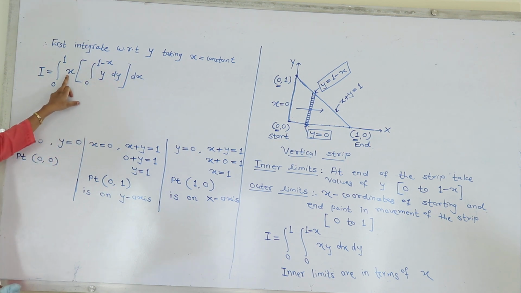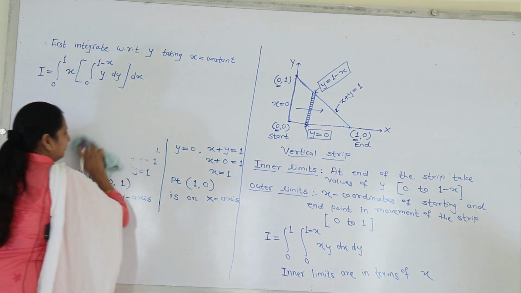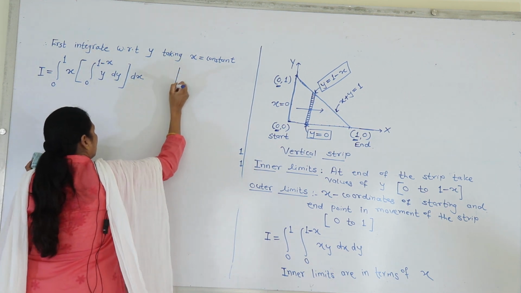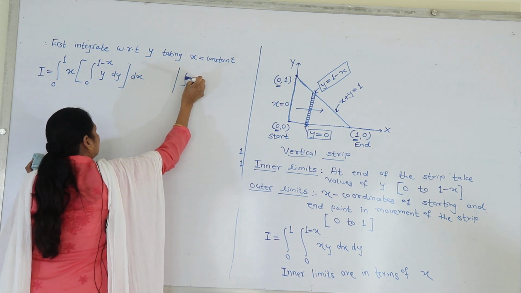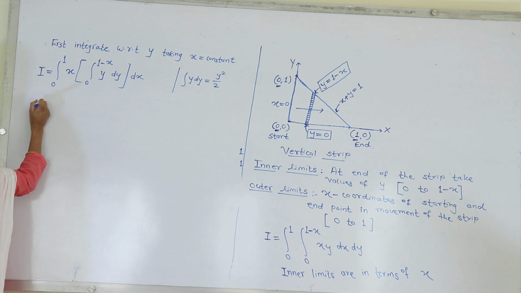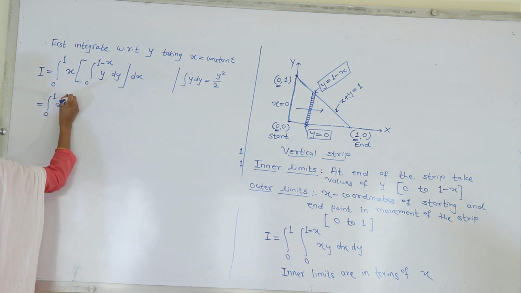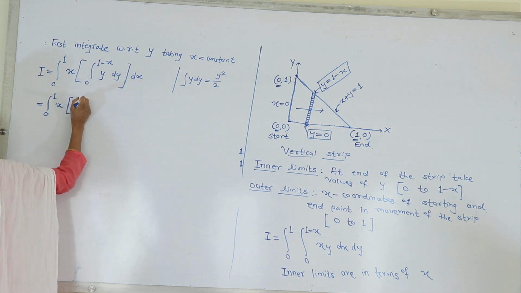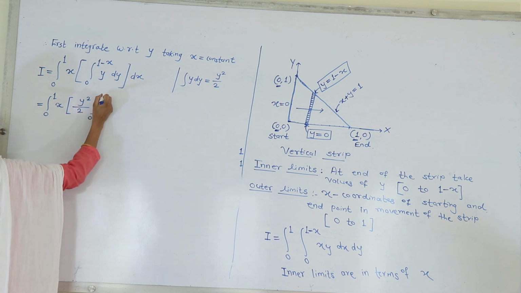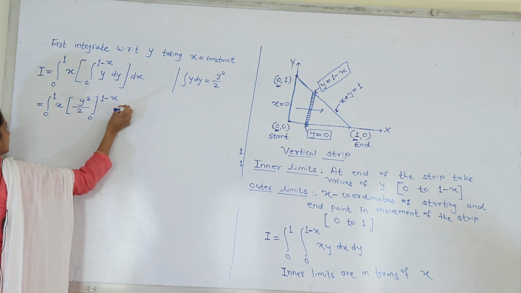Since x is constant, x is outside. Only take the integration of y dy first. The integration of y is y square by 2, limits 0 to 1 minus x, and dx as it is.